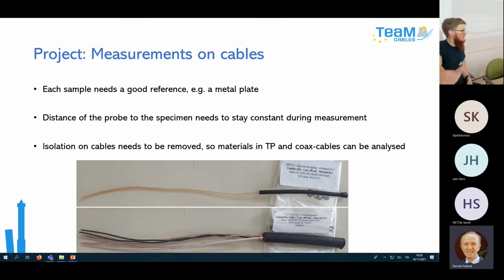This looked like this. We have the coaxial cable down here. We removed the outer jacket up until the inner insulation, and the same goes for the twisted pair cables, where we of course have these 3 separate pairs and needed to have a look first which is which. This was, let me tell you, especially difficult in the later stages of aging, because these insulations tend to discolor during the aging.